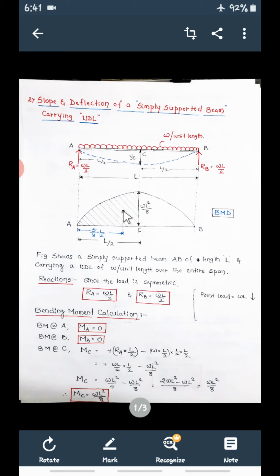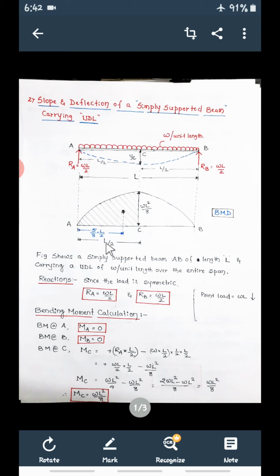And what is the centroid? Centroid will not be half of this, L by 2. This is the centroid or center of gravity of this parabolic part. From point A, it is 5 by 8 times the base.